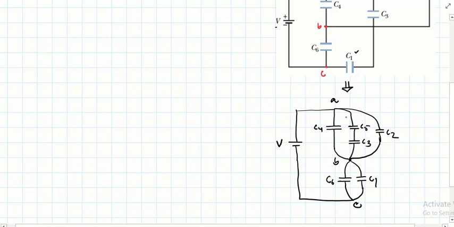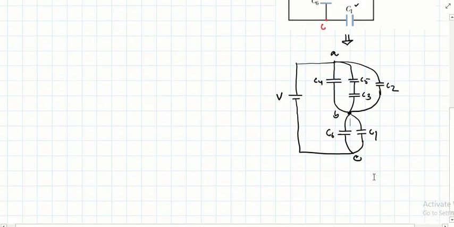Then I have to find the equivalent capacitance between points A and C, and then I will also be able to find the charge. C2 and C4 are in parallel, and C3 and C5 are in series, across nodes A and B. Across nodes B and C, C6 and C1 are in parallel, and these two parallel combinations would be in series.